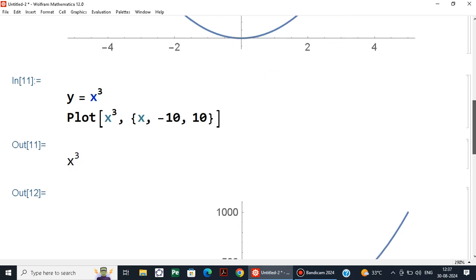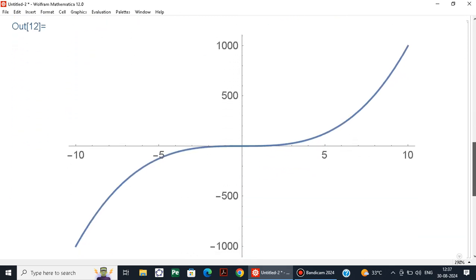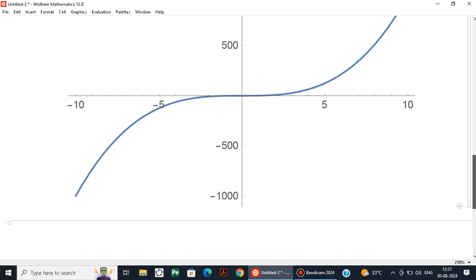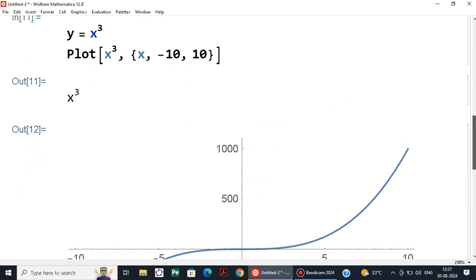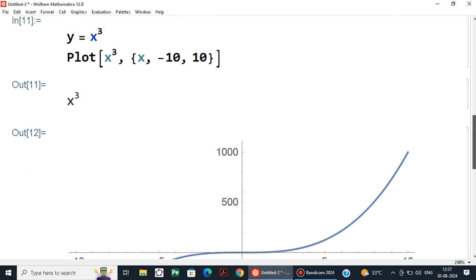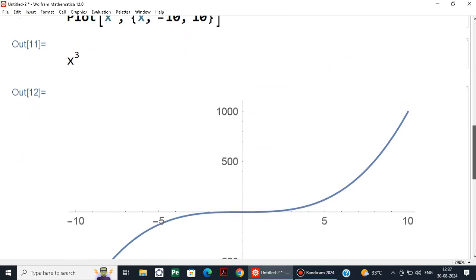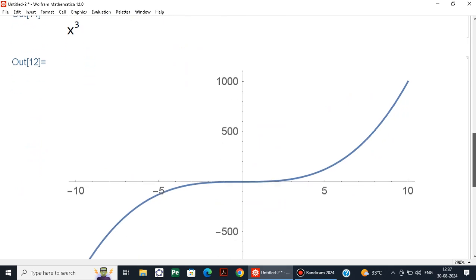Now you can see this graph shows the function y = x cube, with range on the x-axis minus 10 to 10.